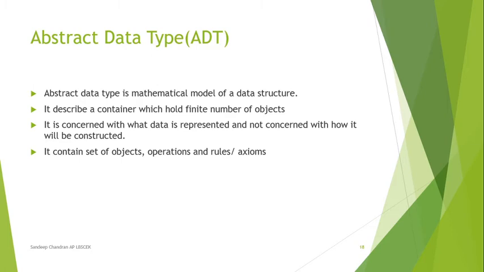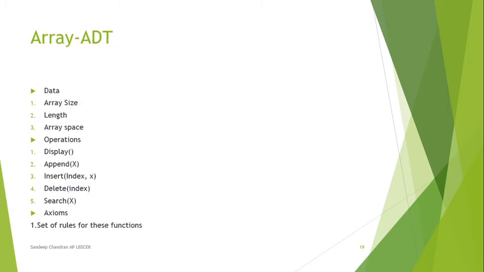The ADT is just a mathematical model of the data structure. It defines three components, the same: domain, functions, and the axioms. Same thing as we have said. The only thing is, it's just a mathematical model, and it represents the data, not concerned about the implementation. Okay, take the case of array.